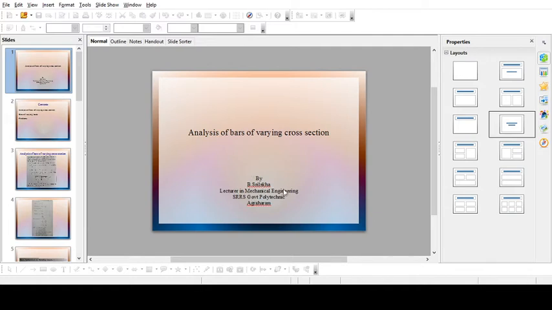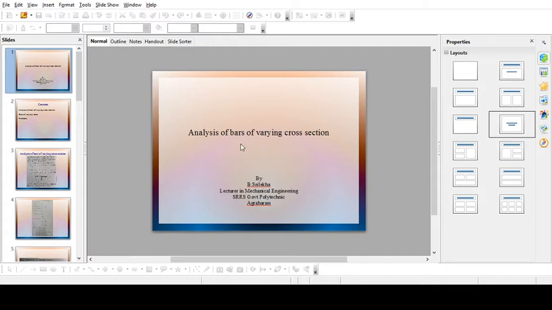So the leftover thing is simply pi by 4 into 40 square minus 20 square. So this is a gap. The material which is there only you need to consider. So we have considered that you will get a value of 300 pi mm square.